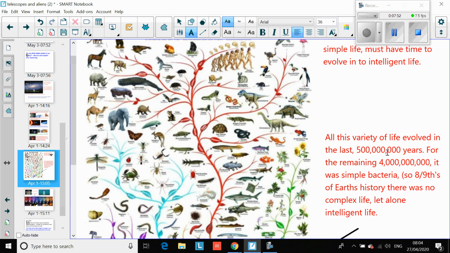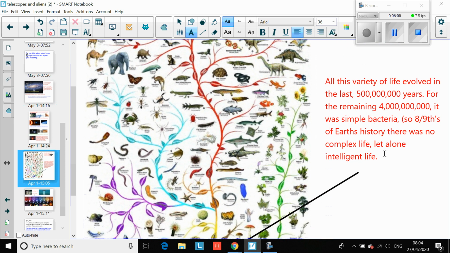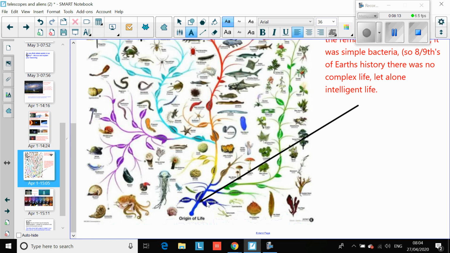Now, Earth is 4.5 billion years old. So, life probably evolved quite soon after Earth was formed, maybe 3.5 billion years ago. But for most of Earth's history, there was no complex life, let alone intelligent life. For most of Earth's history, we were stuck down here, simple bacteria or nothing.